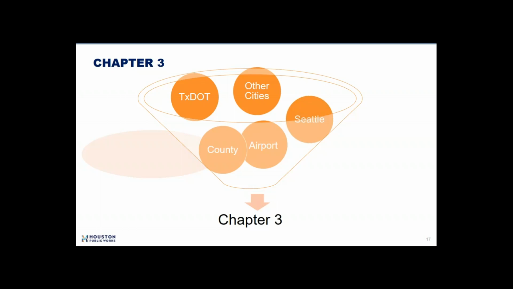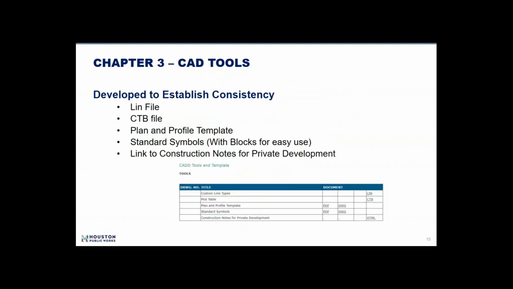Before we jump into chapter 3, I think it's important to highlight some of the tools that are out there that have been developed to assist in plan production. These line up with chapter 3. There's a line style file that was created and jives with chapter 3.